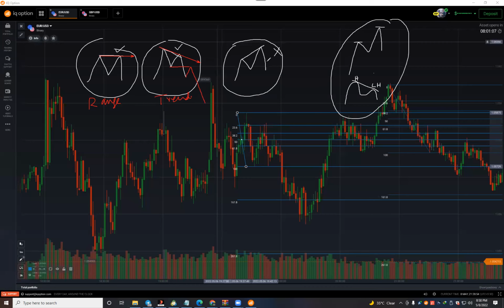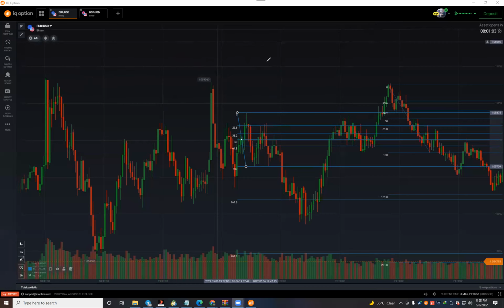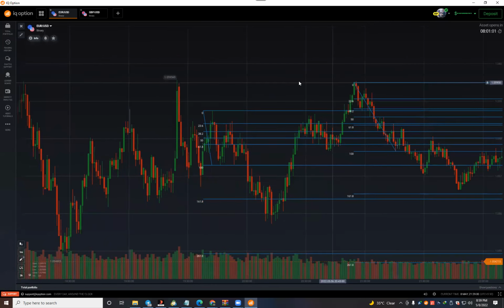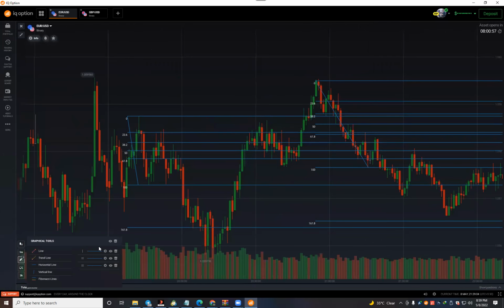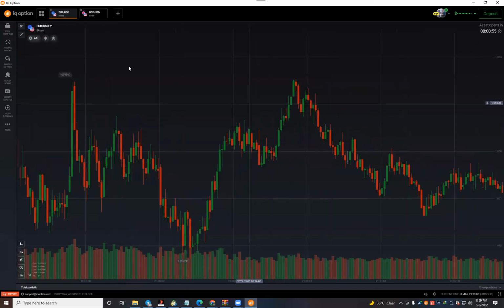There will be so many patterns of the double top. Okay. Here you can see. Is it working?